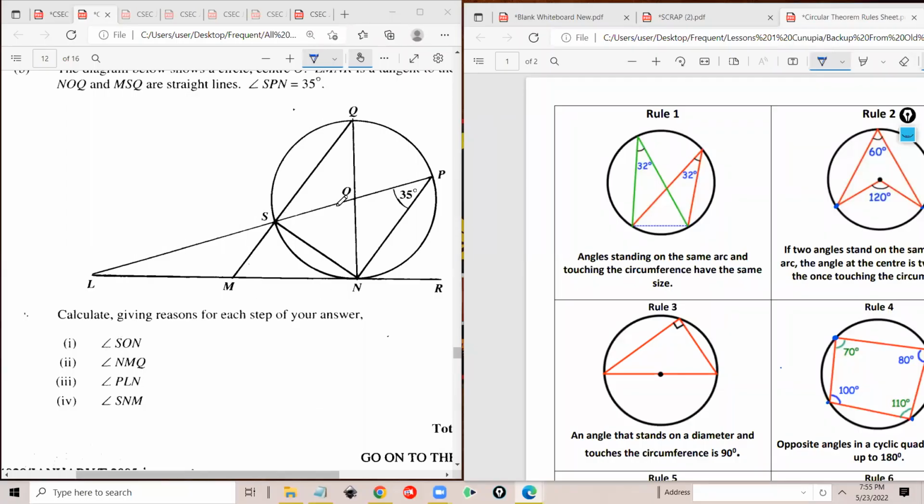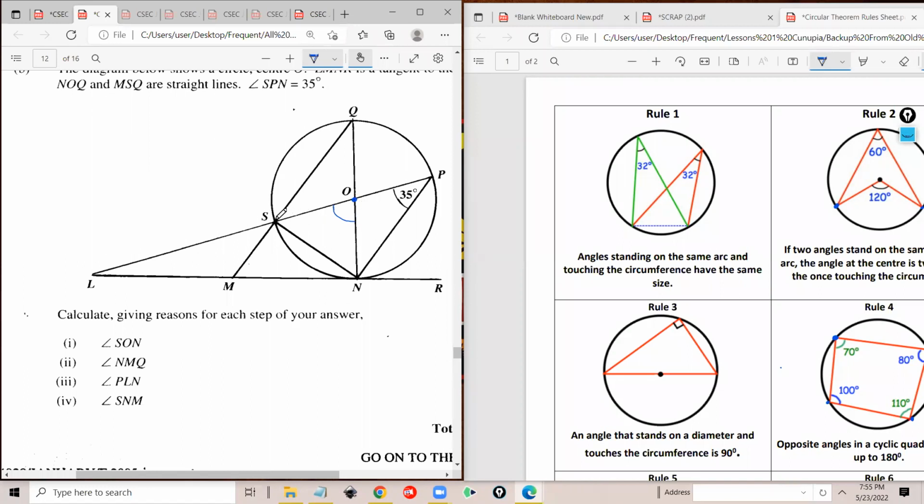SON, that's this angle over here. Remember, O is the center of the circle. I'm going to give you a hint. You notice they're going from S to the center and bouncing back.